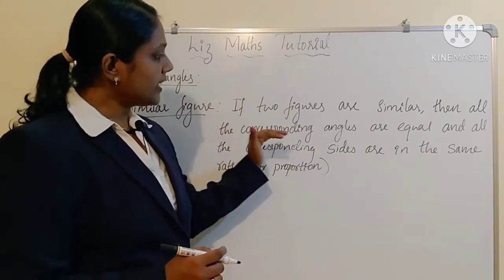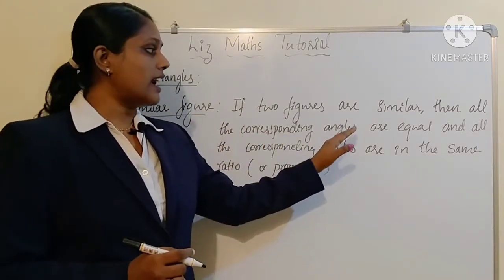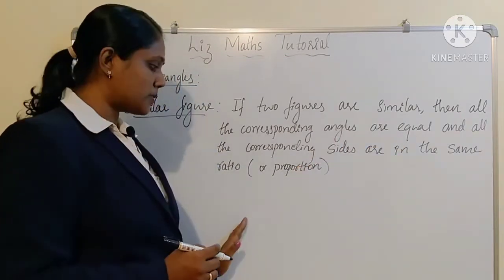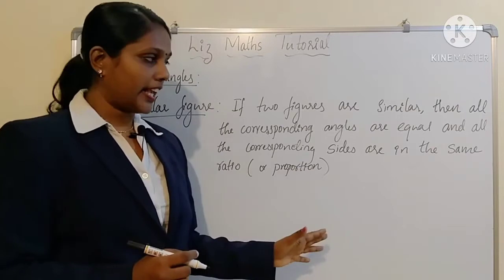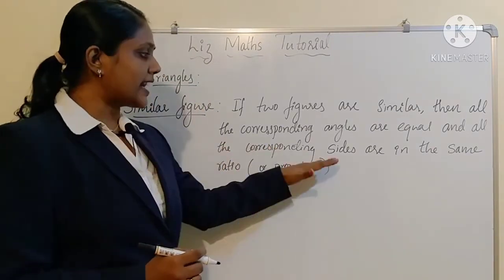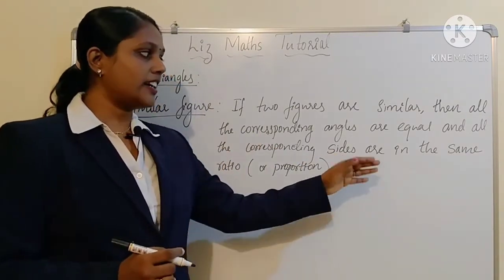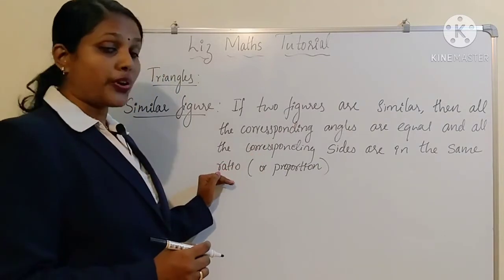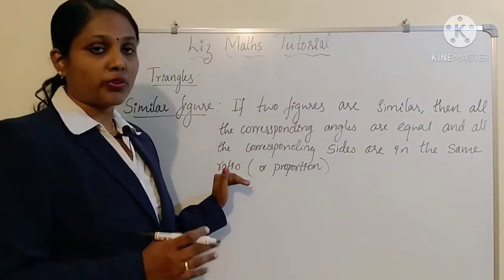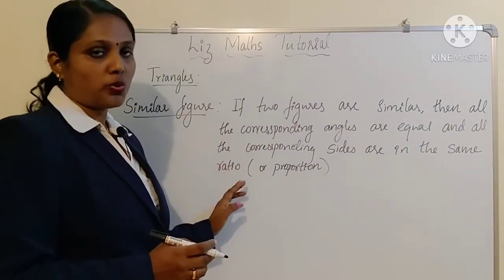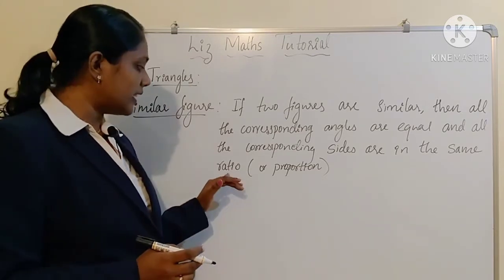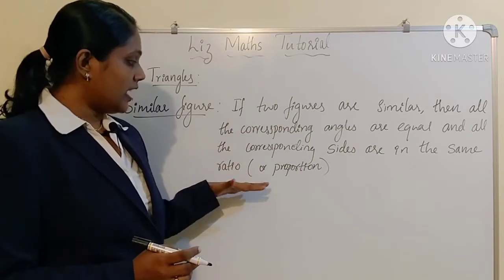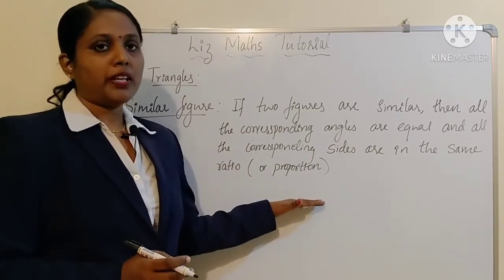All the corresponding angles should be equal, and all the corresponding sides should be in the same ratio. The ratio means 1:2 or 2:3 or any ratio, which should be in proportion.